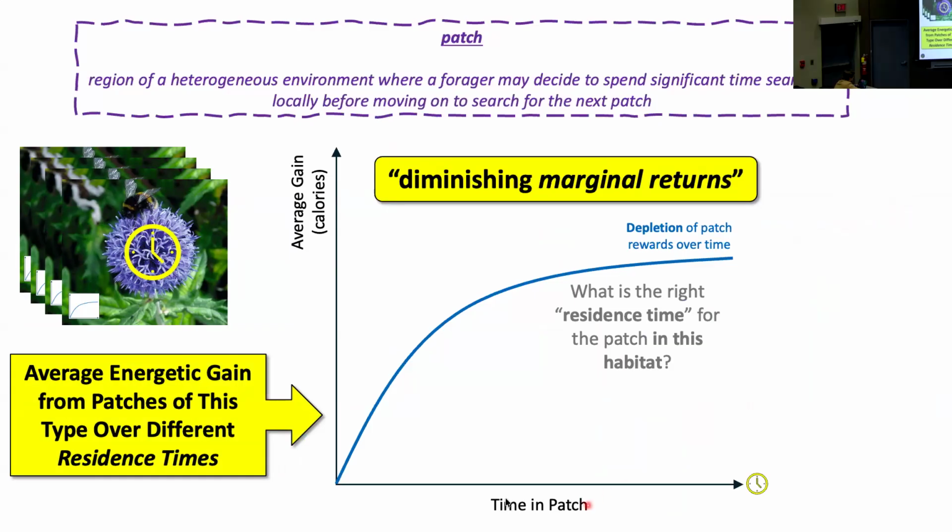Well, we think about the derivative of this, the rate of change, where the highest rates of change are here and the lowest rates of change are here. And so that's what we mean by diminishing marginal returns. The gain is always increasing, but it's decelerating. So the rate of change is getting lower, even though the actual gain is getting higher.